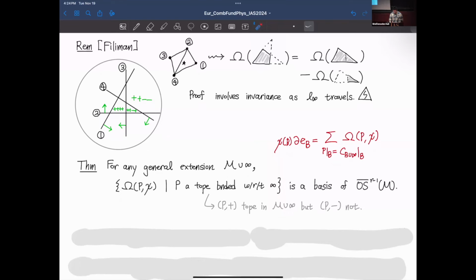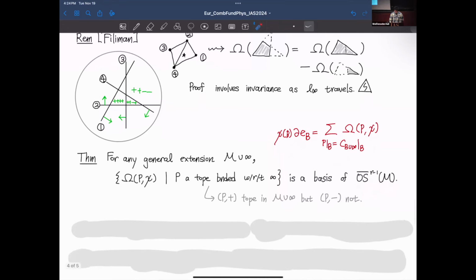So you get a nice basis of the Euler orthogonal algebra in that way. And there's a usual trick to go from the top part to all the degrees by doing what's called a truncation, which involves a choice of further general extensions, but you can push this idea to get a full basis for the entire orthogonal algebra.